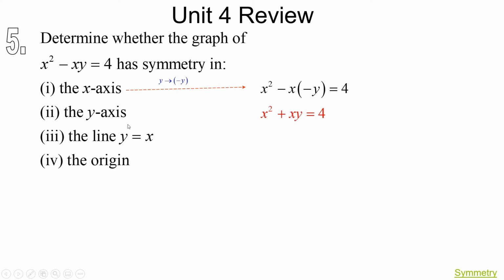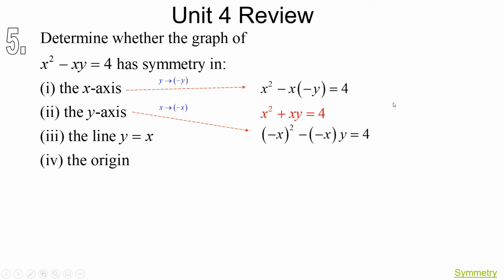How about the y-axis? Well, now, to reflect in the y-axis, every x should be able to go to the opposite of x and then get the same equation. So I'm thinking x goes to the opposite of x. So let's do that substitution. So this x now becomes the opposite of x, note the parenthesis, and this x becomes the opposite of x right there.